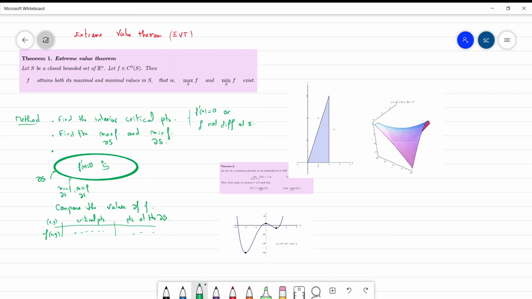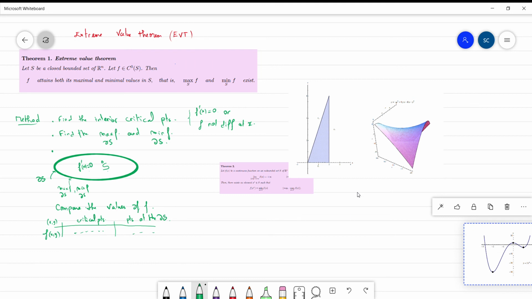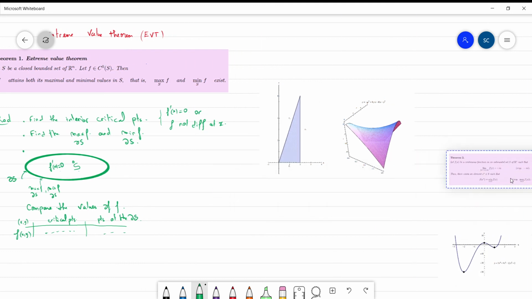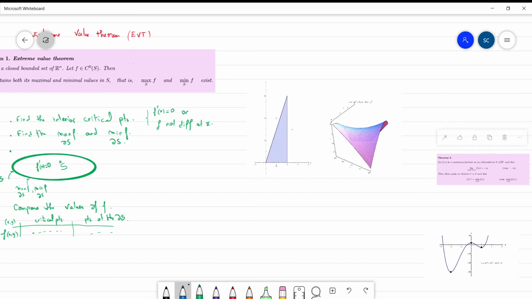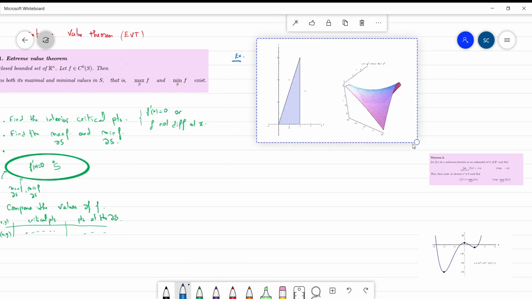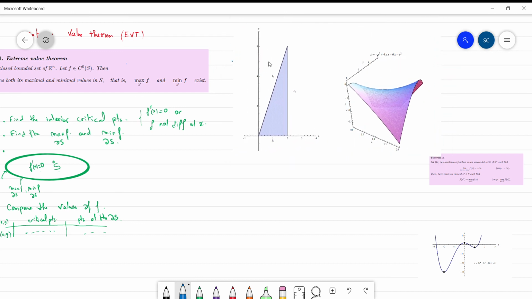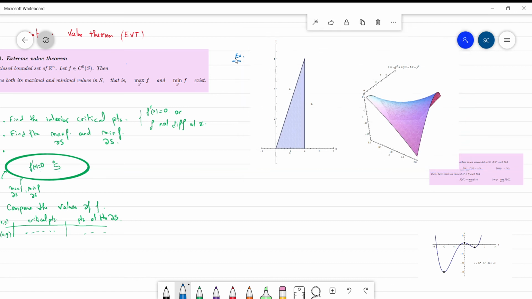So let's do a first example. The first example is the following. Let's make it bigger.